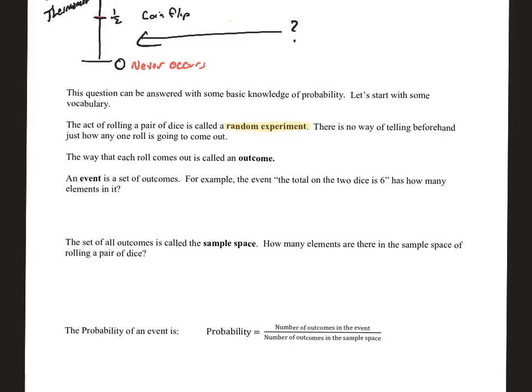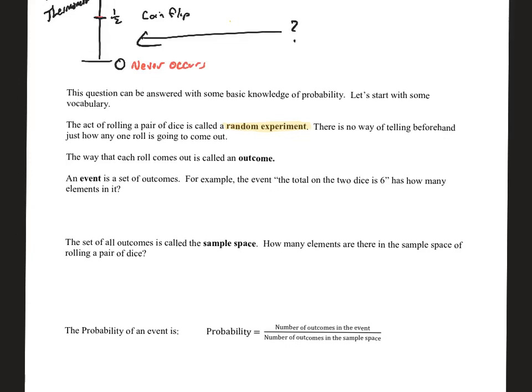Flipping your water bottle, when that used to be a fad, is a random event. Going bowling, rolling a bowling ball down the alley, is a random event. Hitting a baseball is a random event. There's no way of telling beforehand just how any one roll is going to come out.